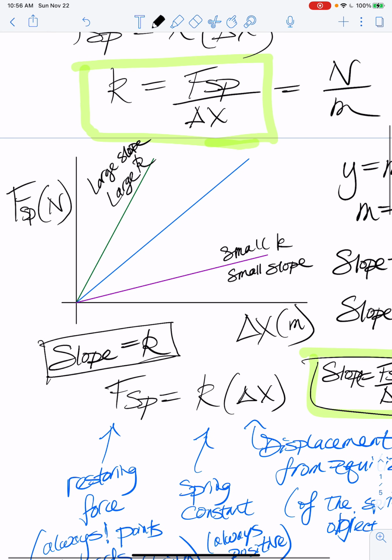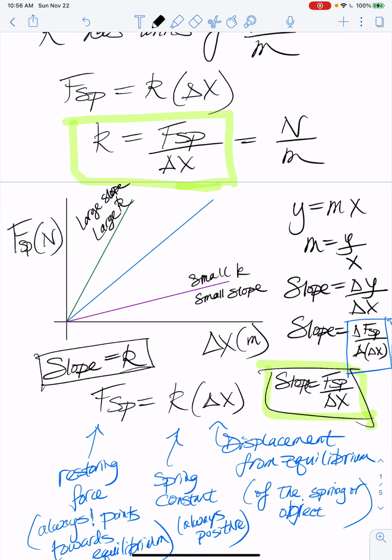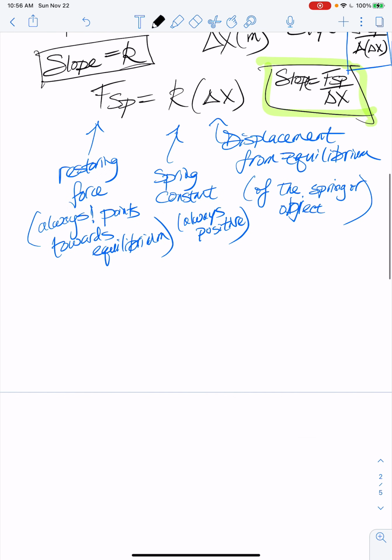So we can tell the spring constant, or the strength of the spring, from the slope of a graph that looks like this, of force spring versus delta x. Okay, good.